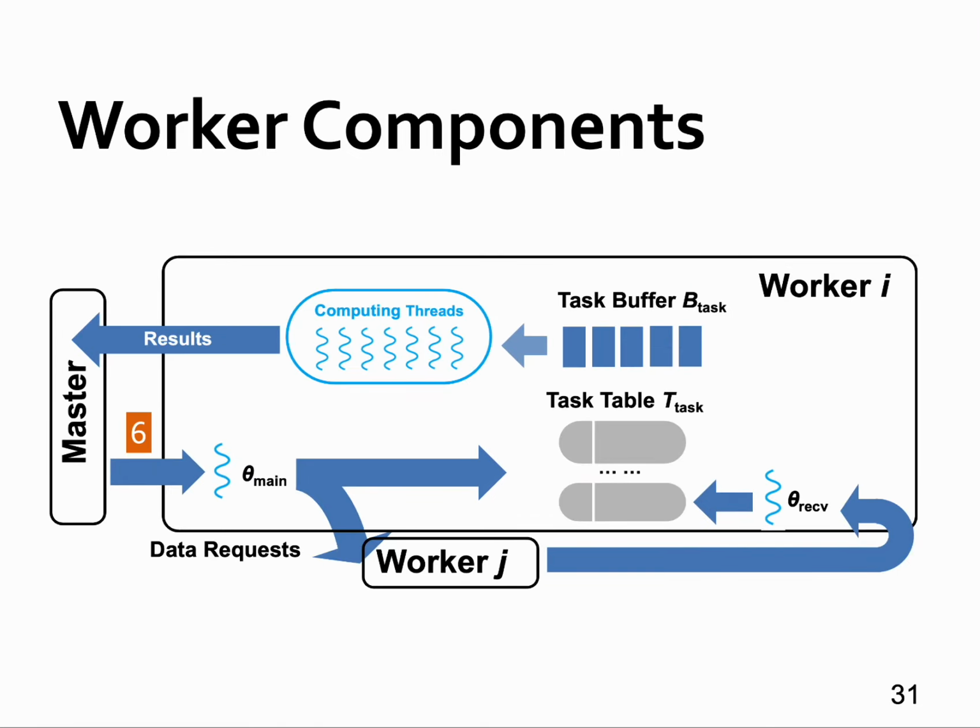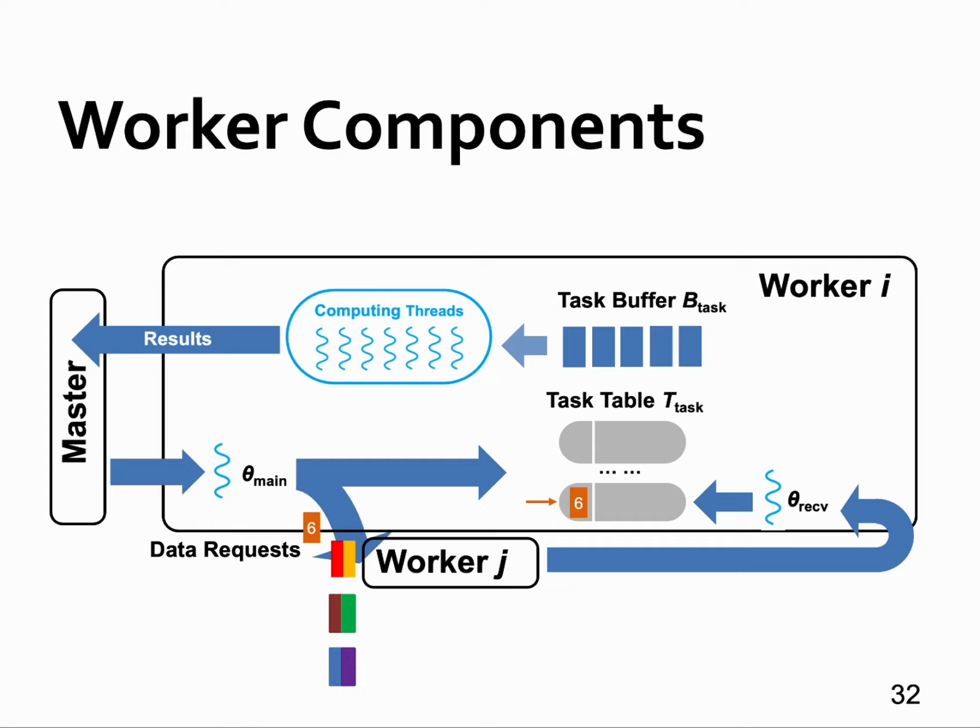Next, we look at the components inside a worker machine. There is a main thread that keeps receiving the assigned tasks, a receiving thread that receives the requested data, and a pool of computing threads that are the actual workhorse of task computation. In this slide, assume that a subtree task for node 6 is received.